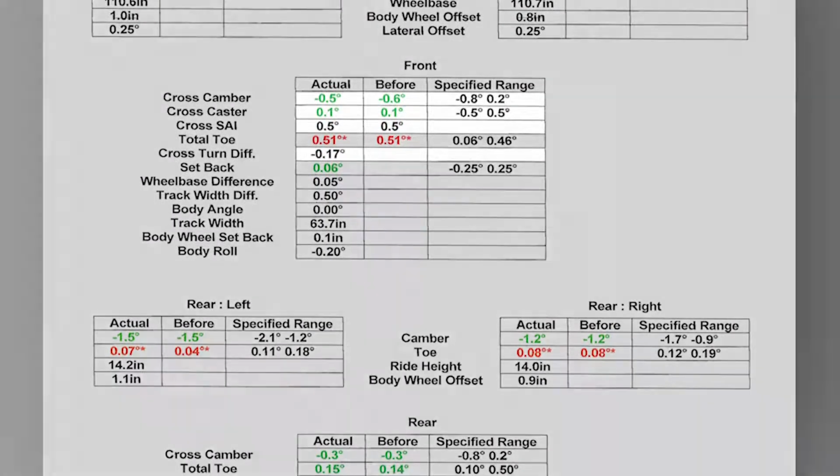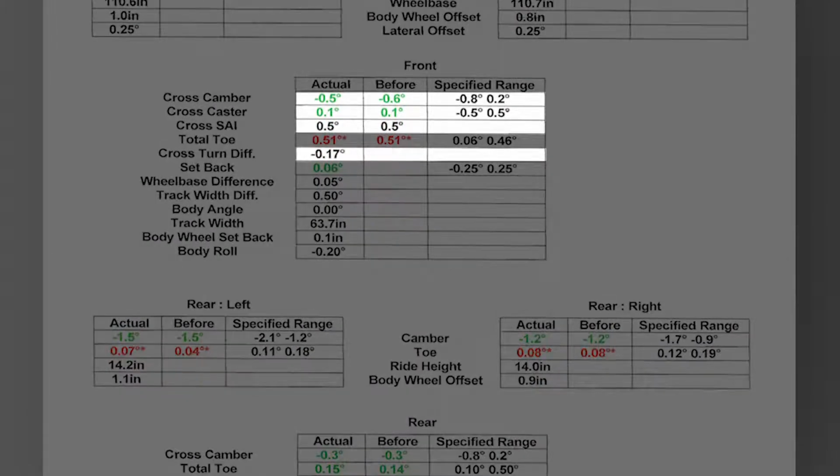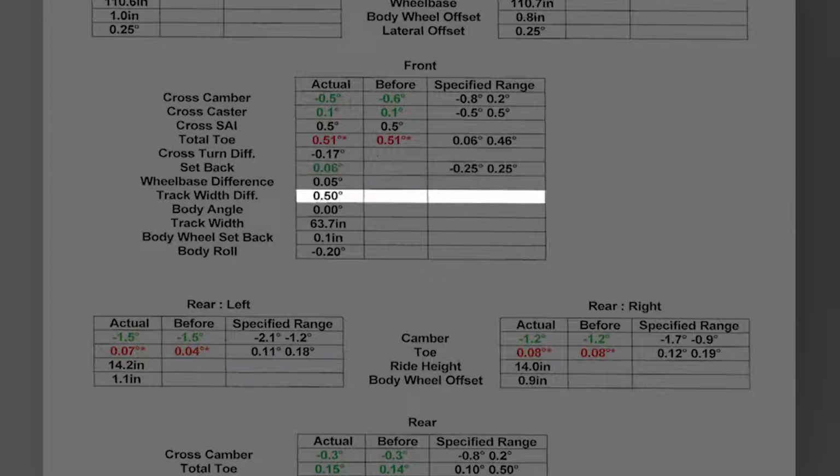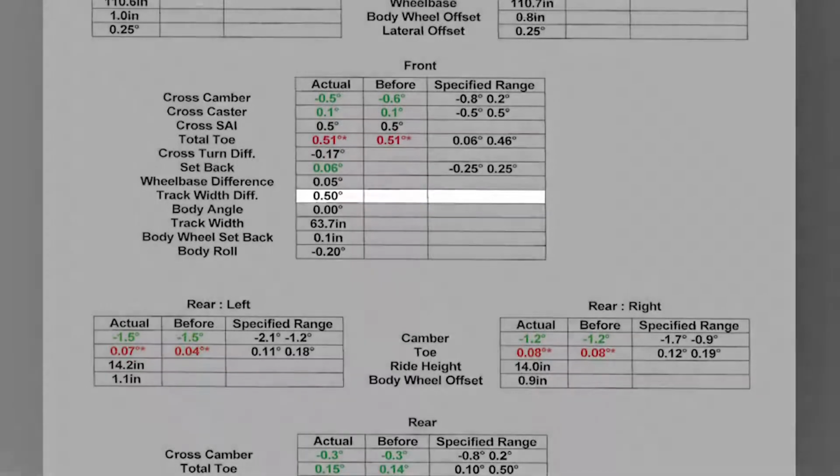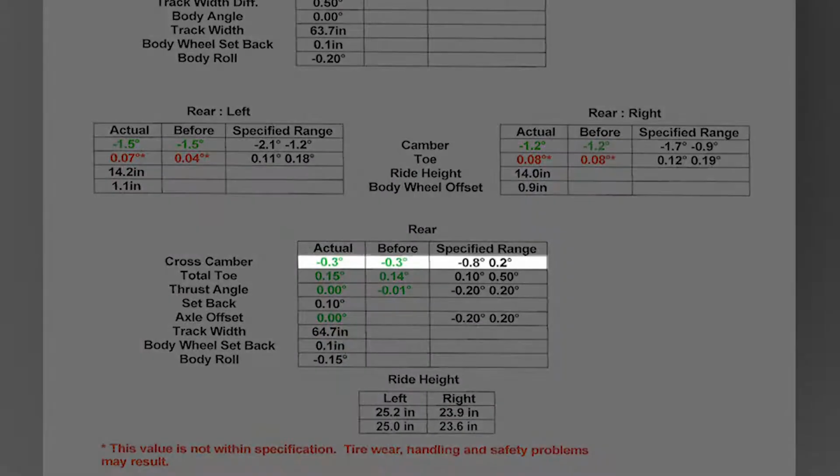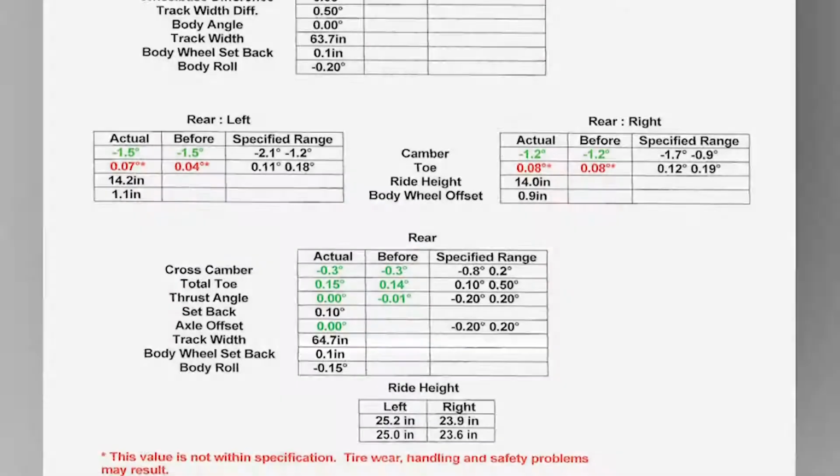And of course, we've got our cross side-to-side values here. Going down, we also have setback, again, our track width differences and so forth. And then of course in the rear we've got our camber, toe, thrust angle. We also have our ride height and our wheel setback to diagnose any values that are bad in the rear.